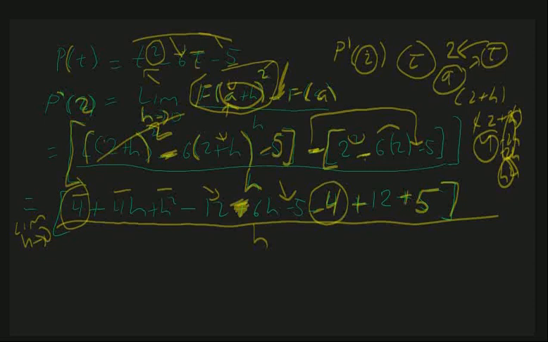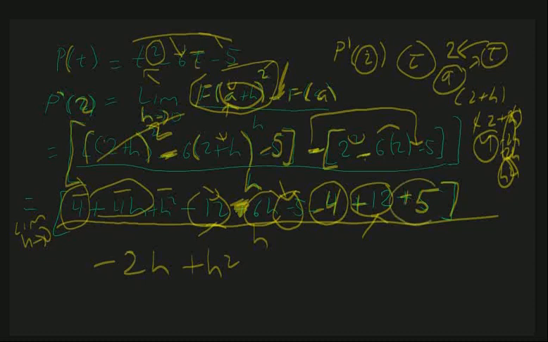So 4h and negative 6h becomes a negative 2h, right? And then h square, no h square here, this is going to come down, h square. And then we have negative 12 and we have positive 12. This is also cancel each other. What else we have? We have negative 5 and we have positive 5. They cancel each other. This is what we got now.